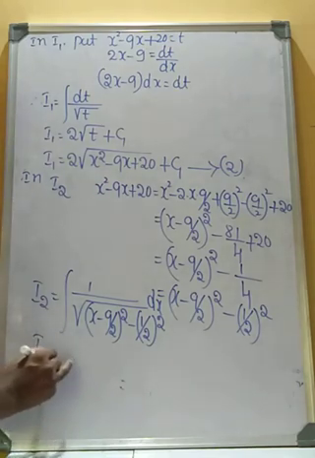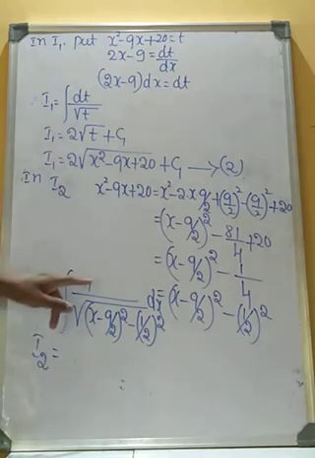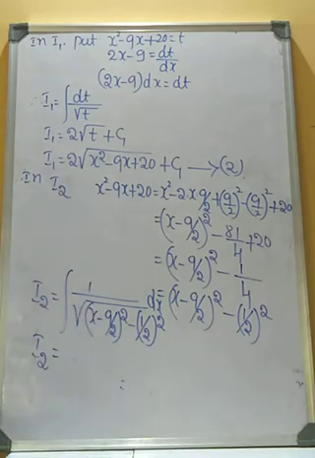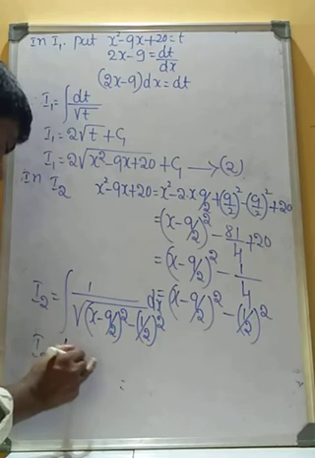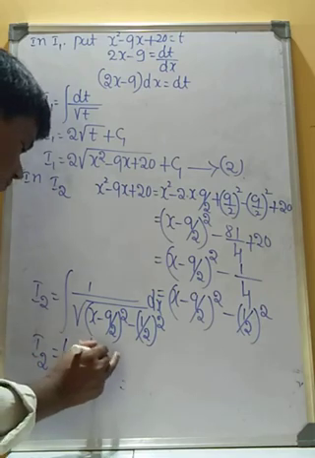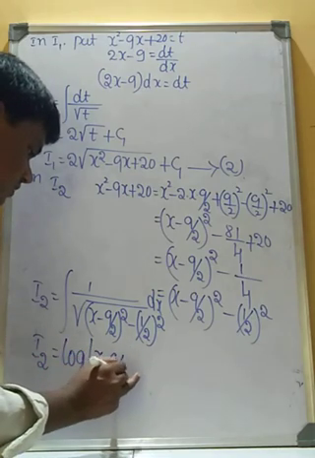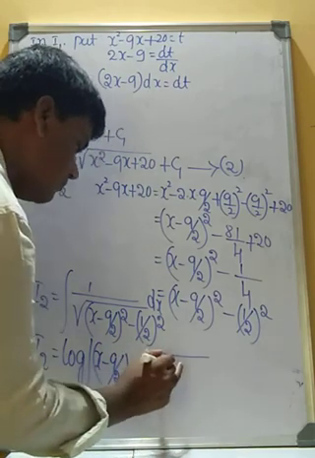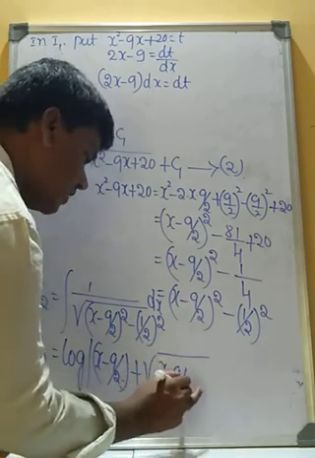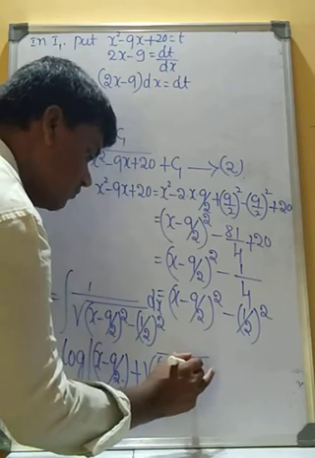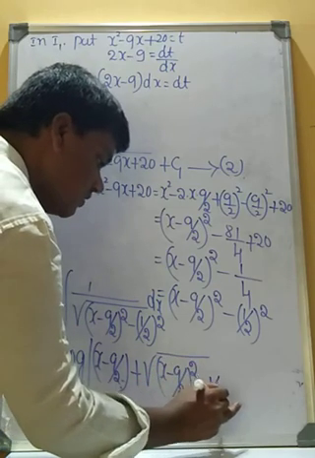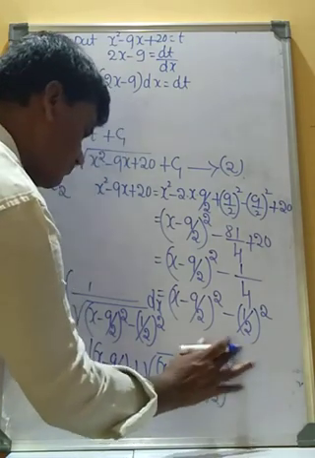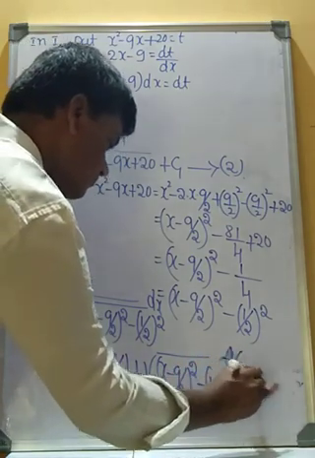This is of the form 1 divided by root of x square minus a square, which is equal to log of mod x minus 9 by 2 plus root of x minus 9 by 2 whole square minus 1 by 2 whole square, plus c2.